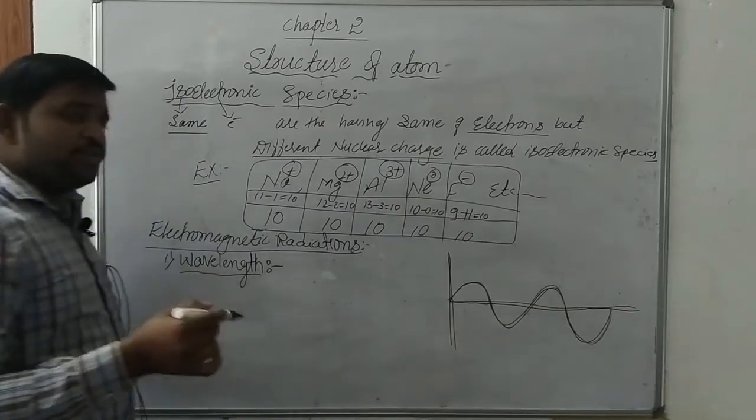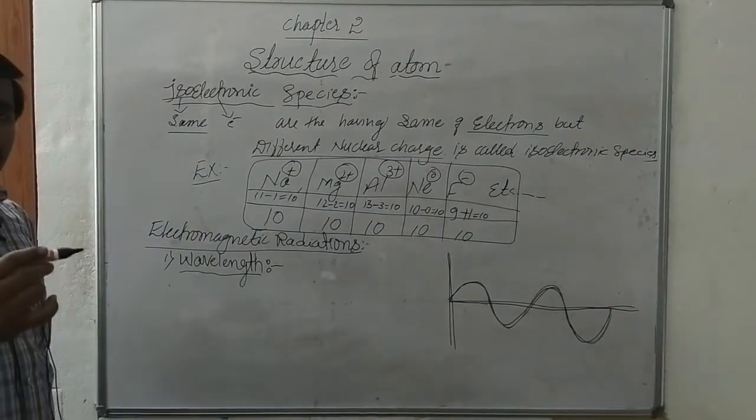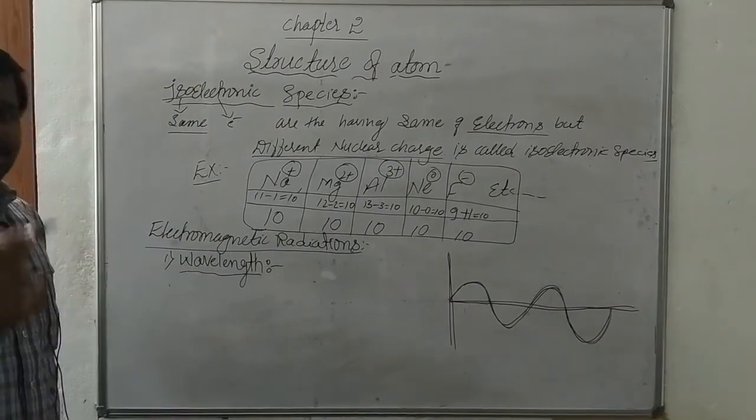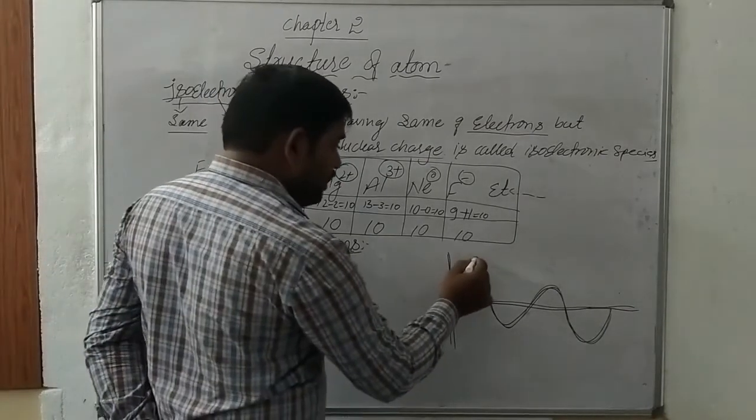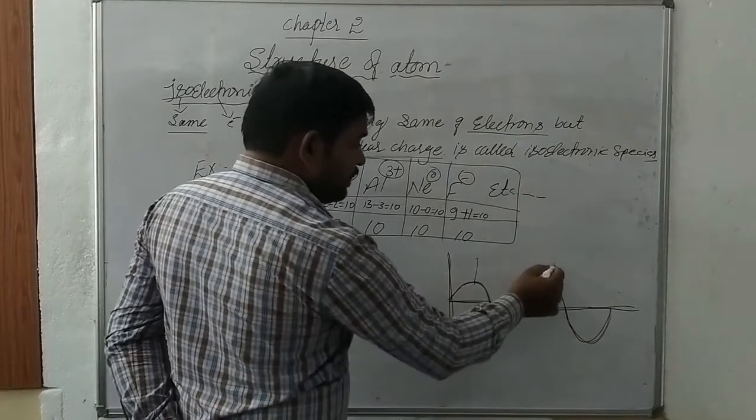The effective distance between any two consecutive troughs or crests is called wavelength. For example, this is a crest, this is a crest.